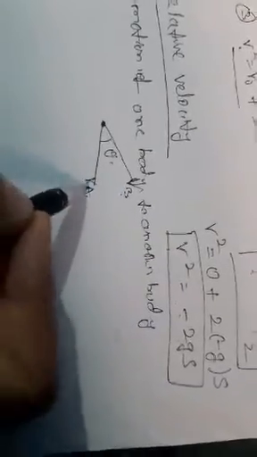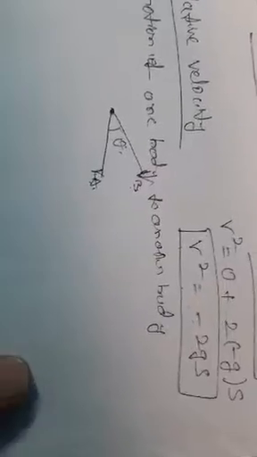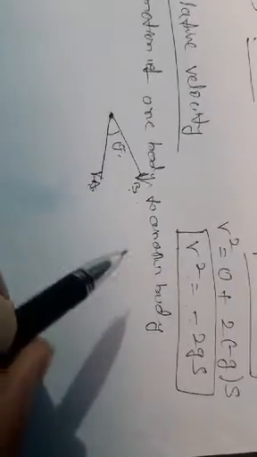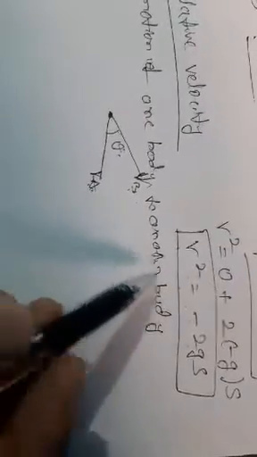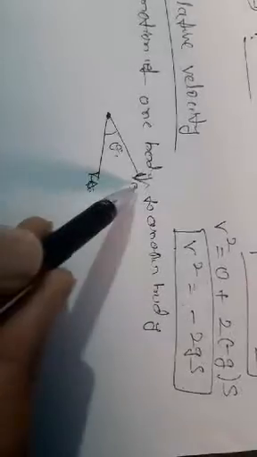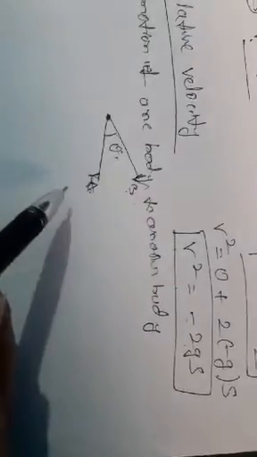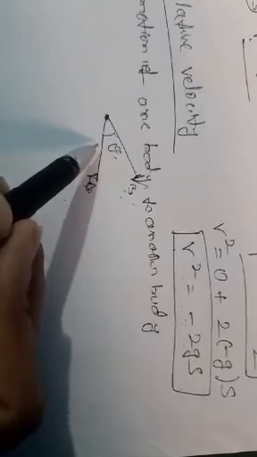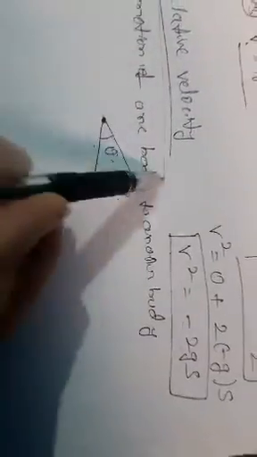The particle moves from A position to B position. That means the two bodies A and B are moving with velocities VA and VB at an angle theta. Theta is the angle between the two velocities. That is called relative velocity.